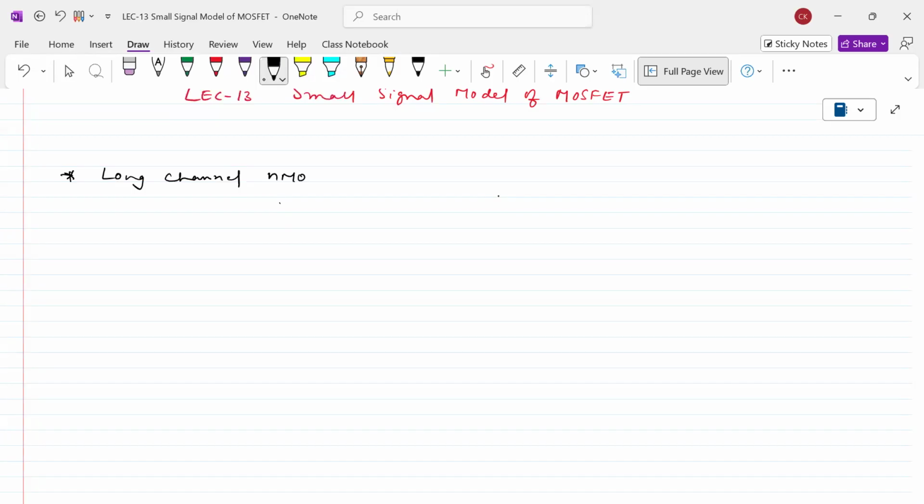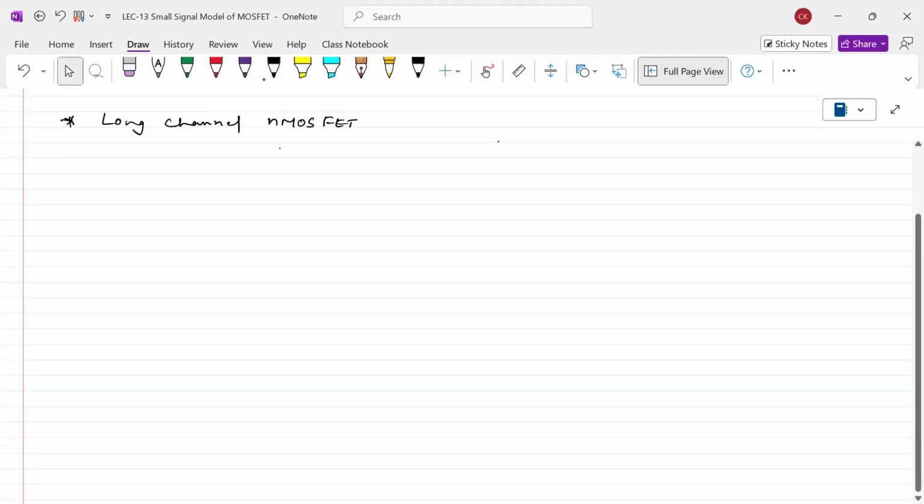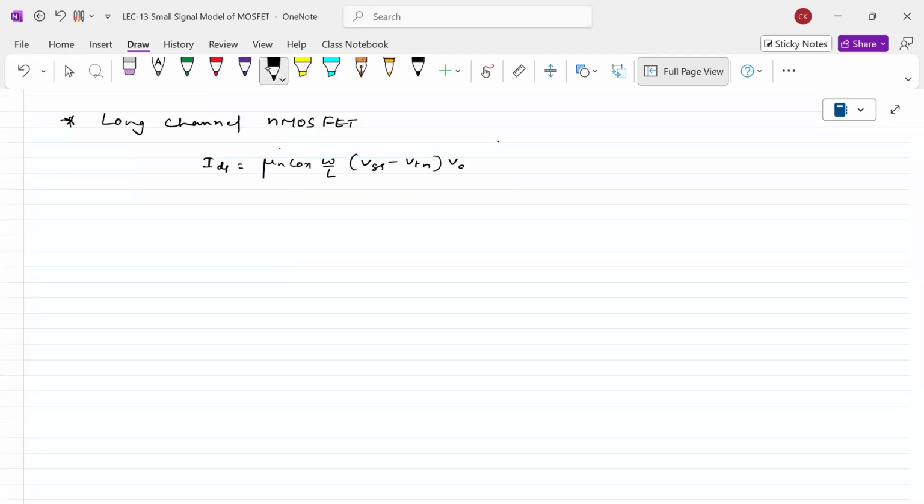We have seen that the IDS value can be defined by mu n C ox W by L into (VGS minus VTn) into VDS minus VDS squared by 2.